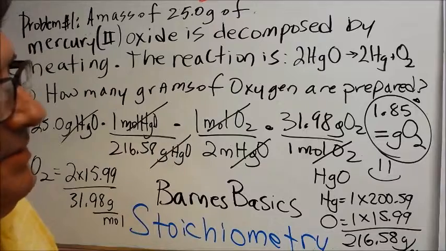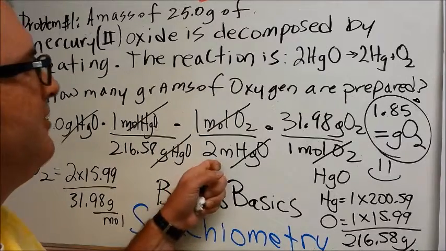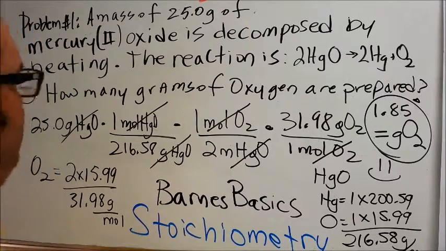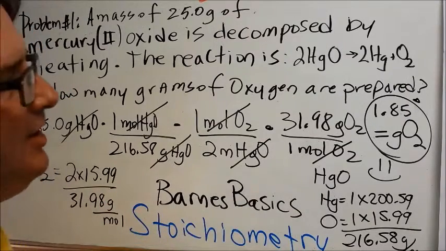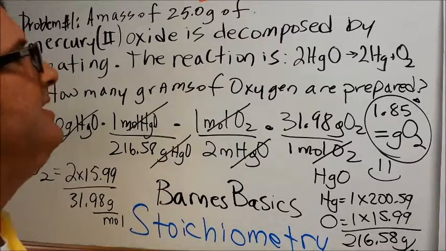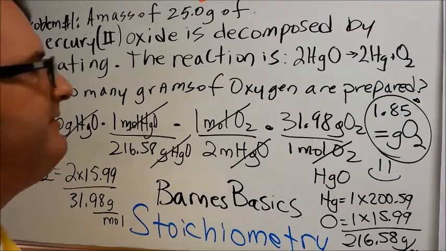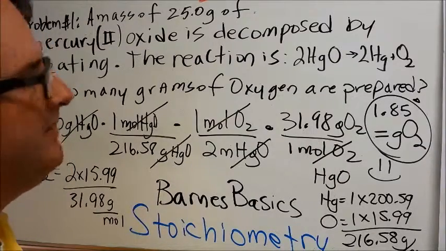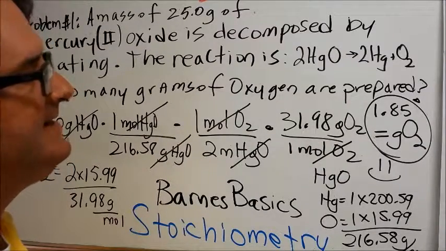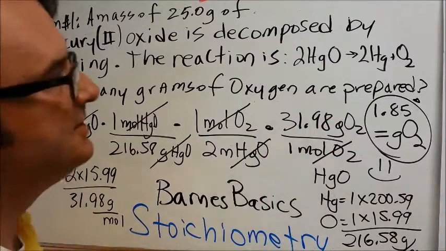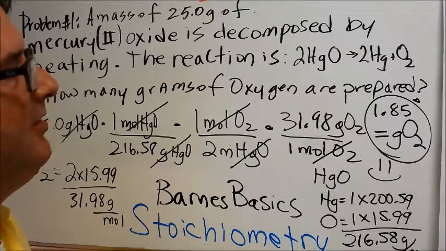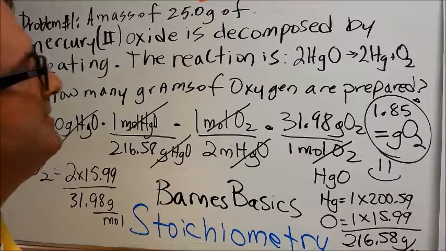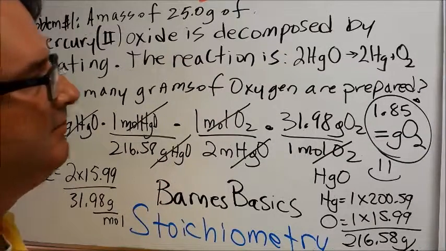And by the way, step 3 was show the mole proportions, and then step 4 was determine the mass of the moles of each substance. So we did all of the steps. The only thing I didn't do is estimate the answer. I've never been very good at that. That's a good thing if you can do it, and sometimes I think about it. In this case, I did not, but that is the correct answer. 1.85 grams of oxygen produced for 25 grams decomposed of mercury oxide. Very good. Marvelous.